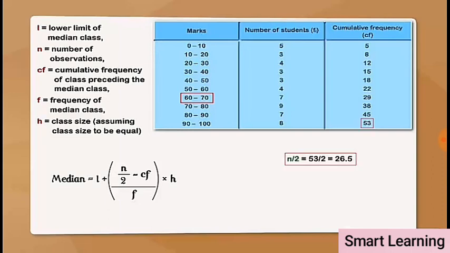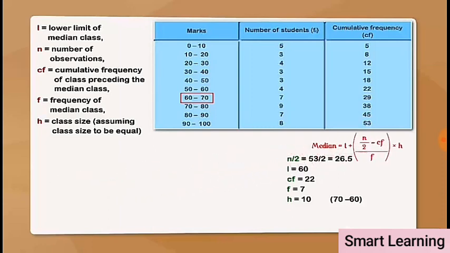Substituting the values, n by 2 is equal to 26.5, L is equal to 60, Cf is equal to 22, f is equal to 7, h is equal to 10.